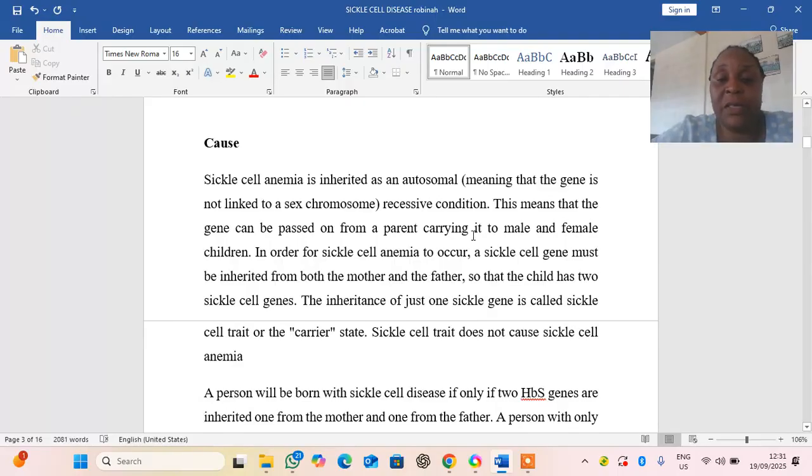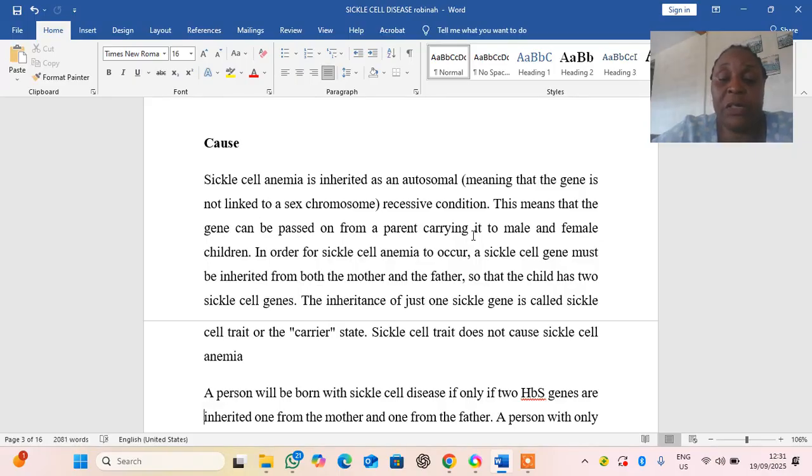This means the gene can be passed from a parent carrying it to male or female children, because it is not linked to sex. In order for sickle cell anemia to occur, a sickle cell gene must be inherited from both the mother and the father, so that the child has two sickle genes. The inheritance of just one sickle gene is called a sickle cell trait, and the person is called a carrier.